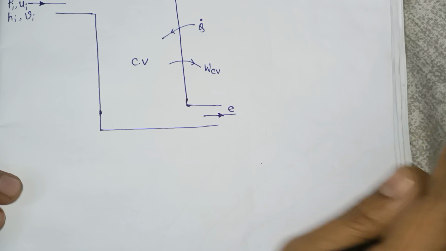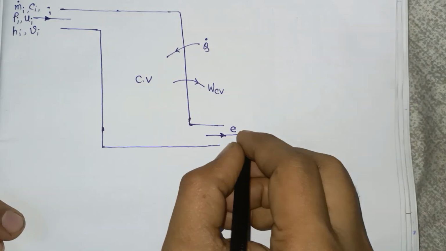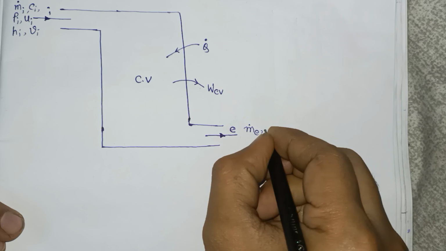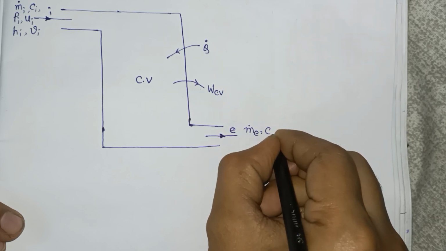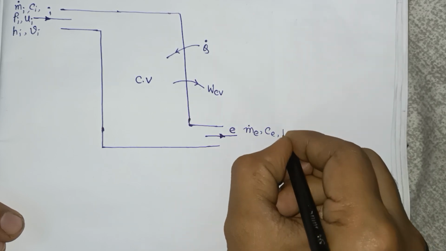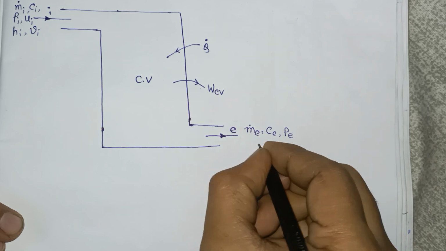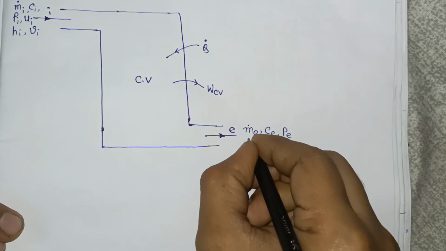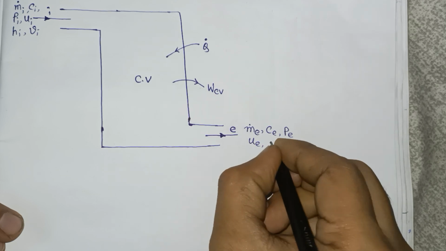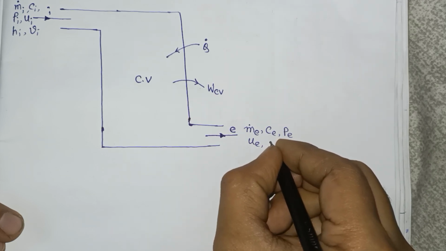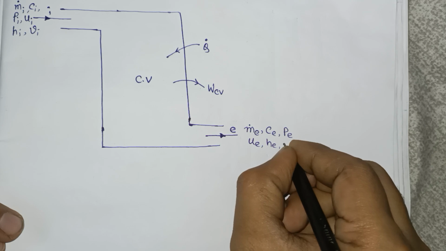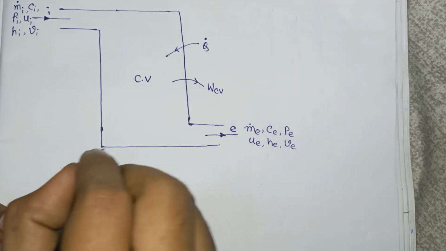There is an exit also. Suppose exit mass flow rate m dot e, exit velocity Ce, exit pressure Pe, exit specific internal energy Ue, exit specific enthalpy He, exit specific volume Ve.